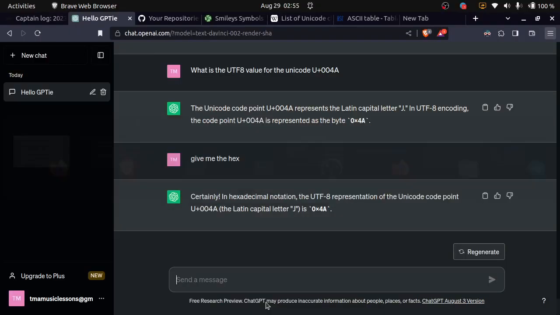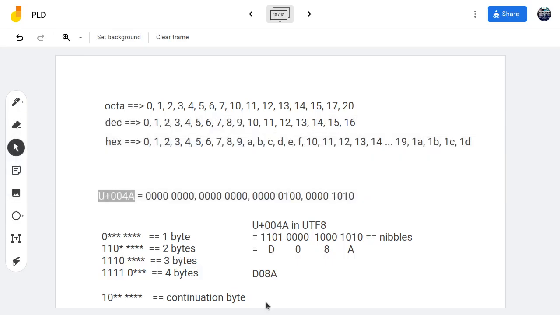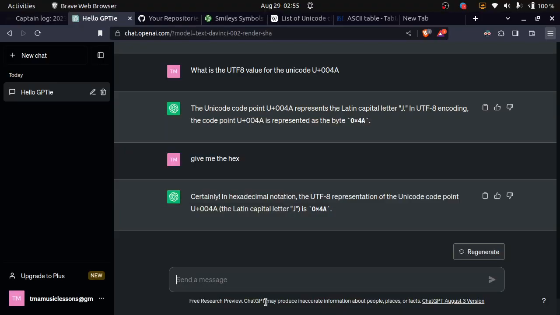D08A says 0x. Maybe I'm not typing the command well. Okay, let's find out. What is D08A? Let's know how correct or wrong that was.